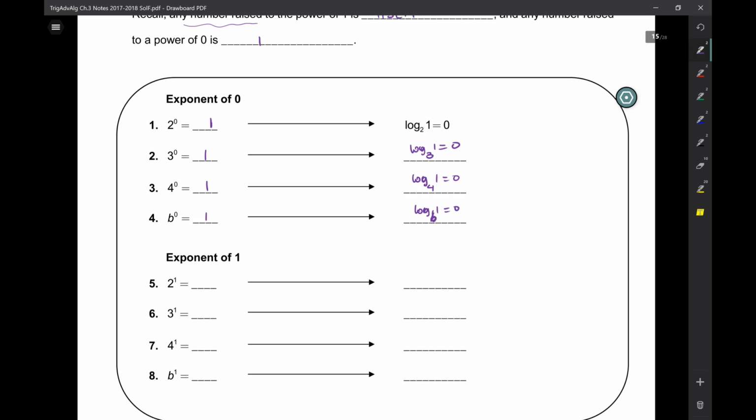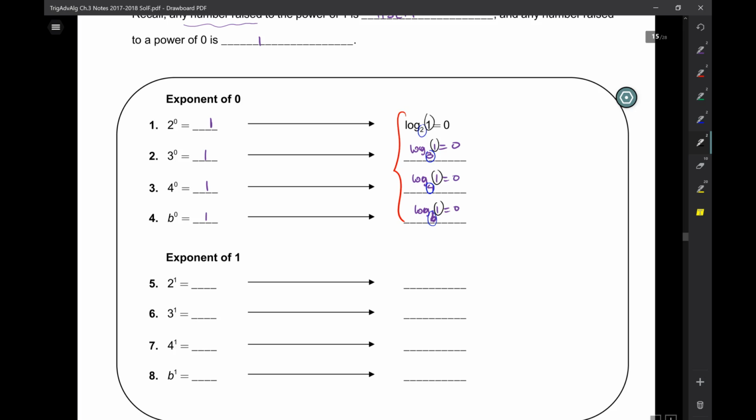So what does that tell you then? Do you see a pattern? What's the pattern? Look at these just here. Is the base staying the same? No, the bases are all different. What's the same though? Right, this is the same, right? 1, 1, 1.